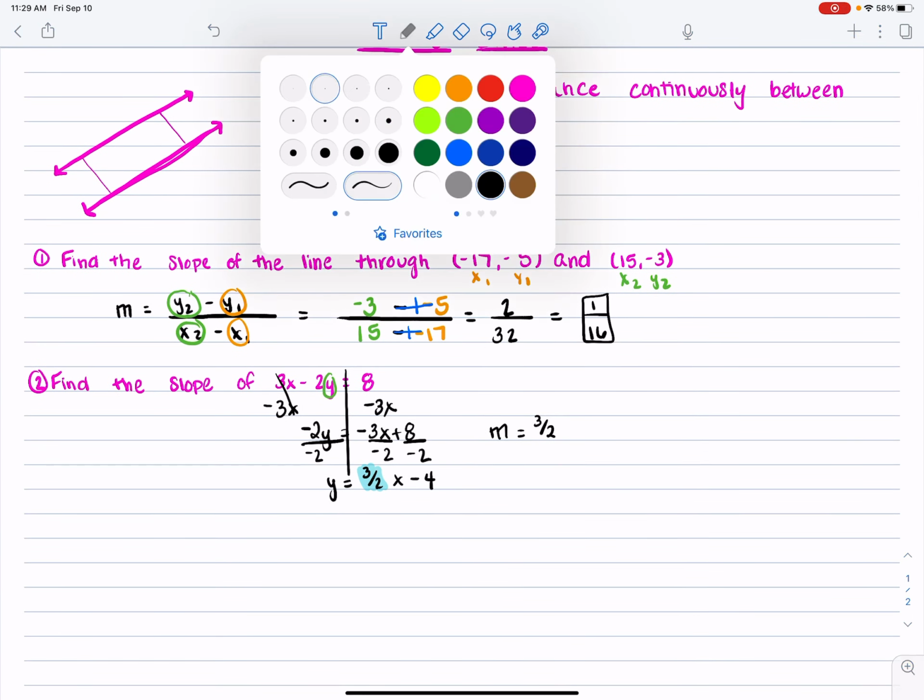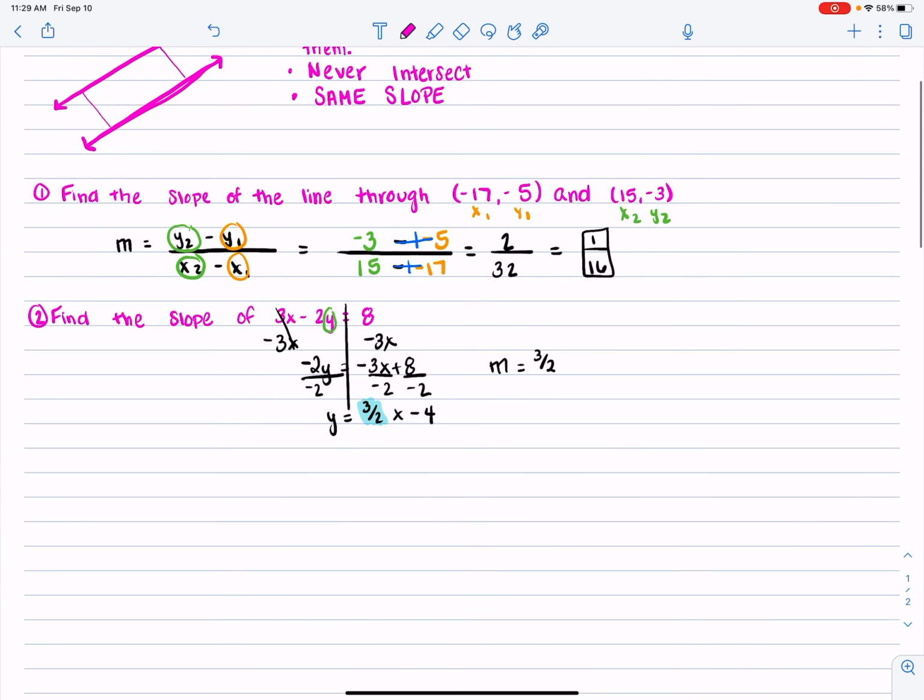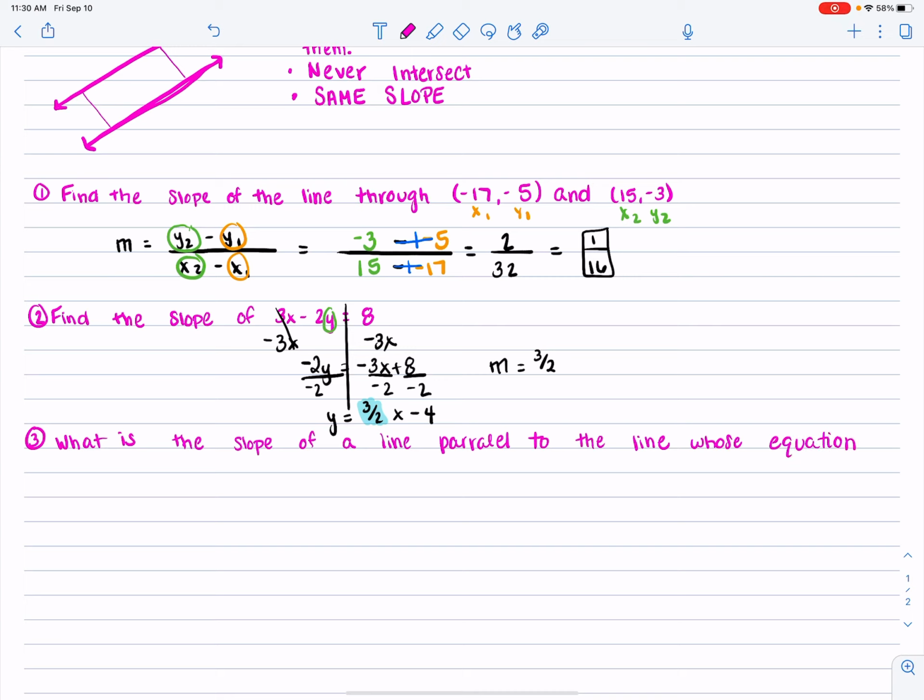So our next example says, what is the slope of a line parallel to the line whose equation is 5x plus y equals negative 9.